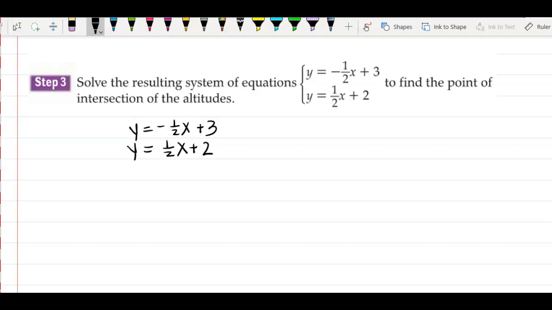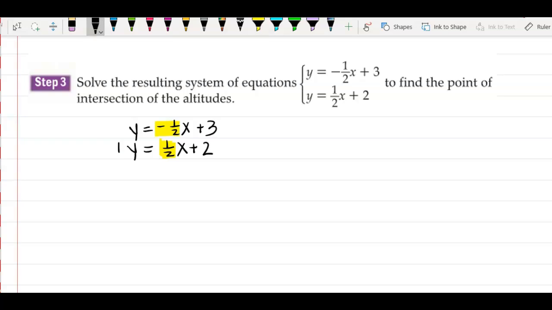We could do this a couple different ways. Notice both y's have a coefficient of 1, so those would cancel if we wanted to do it that way. But notice the coefficients on x, one is -1/2 and one is +1/2.